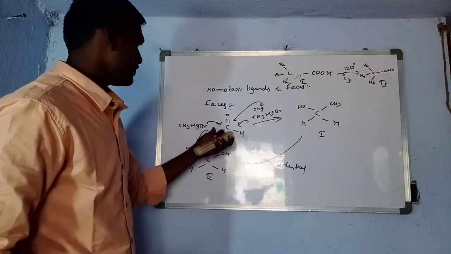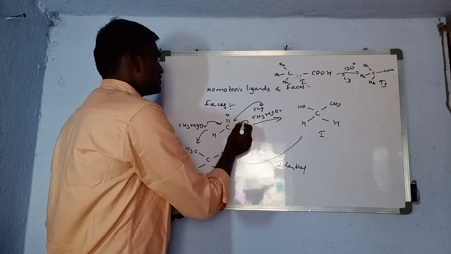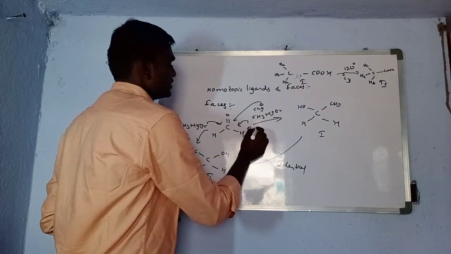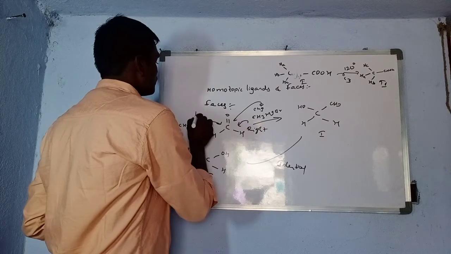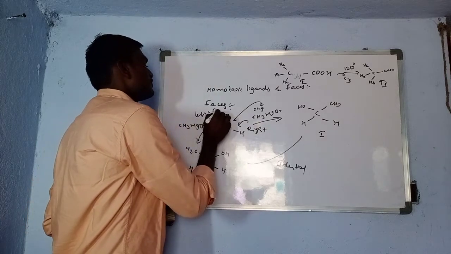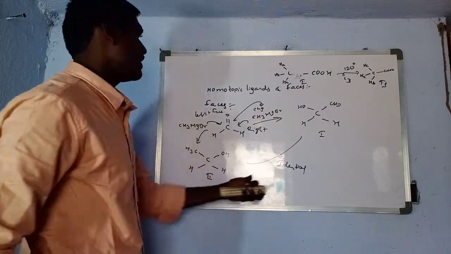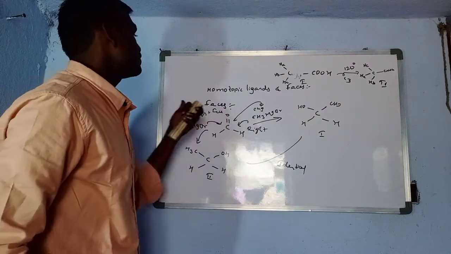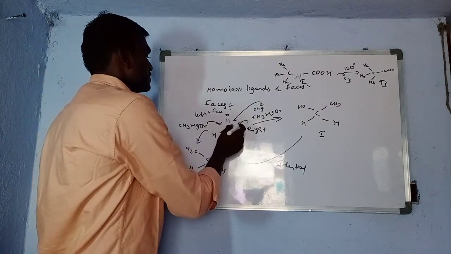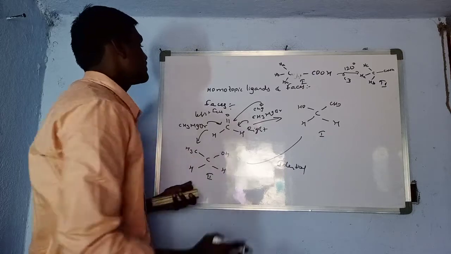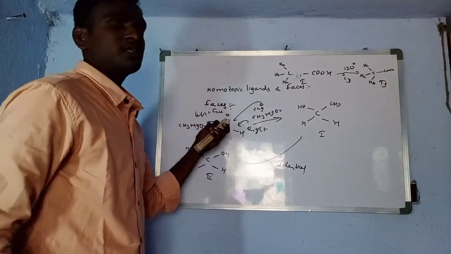This is the right phase and this is the left phase, and both give the identical product. So the right and left phases are known as homotopic phases.